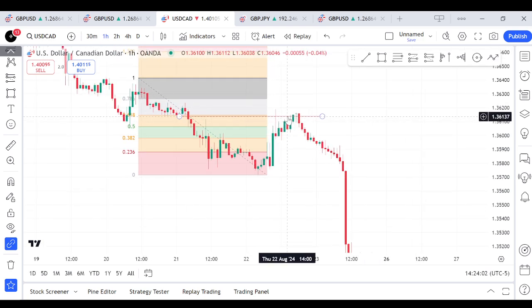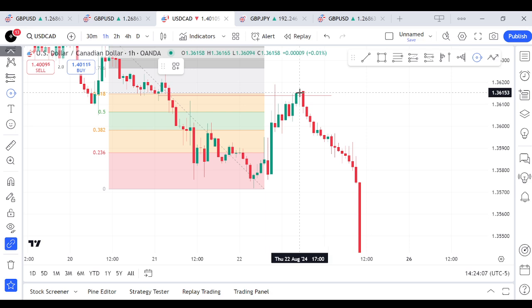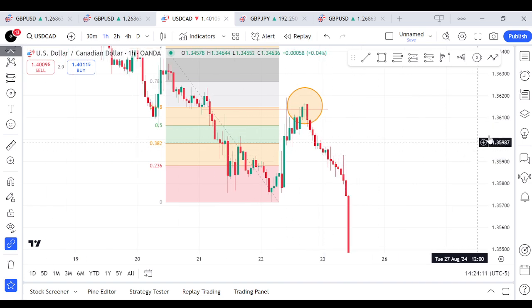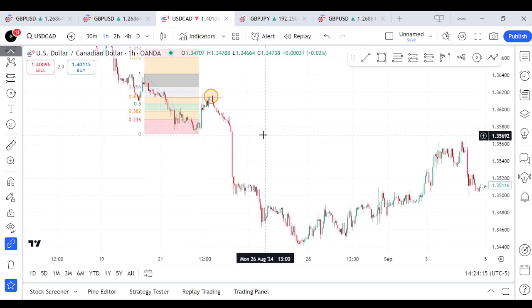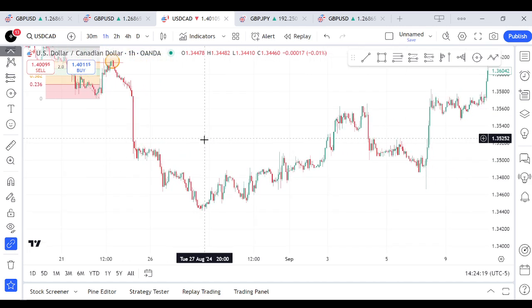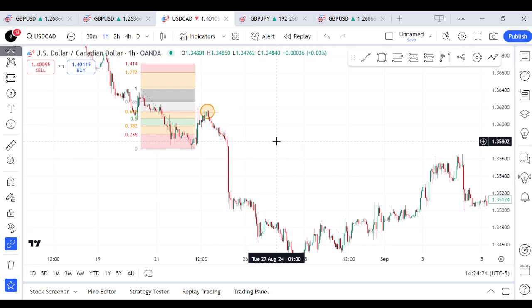You see multiple candlestick patterns. You can see there's an evening star candlestick pattern right there, and after that you see this massive selling and bearish momentum, and that is how you can use the Fibonacci retracement levels for support and resistance levels.